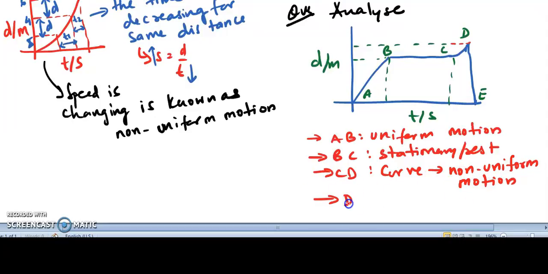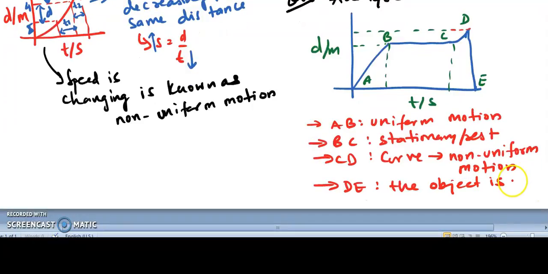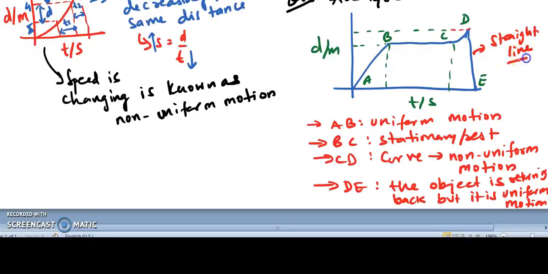And then D to E, the object is returning back, but it is uniform motion. Why uniform motion? Because even this is a straight line, right?